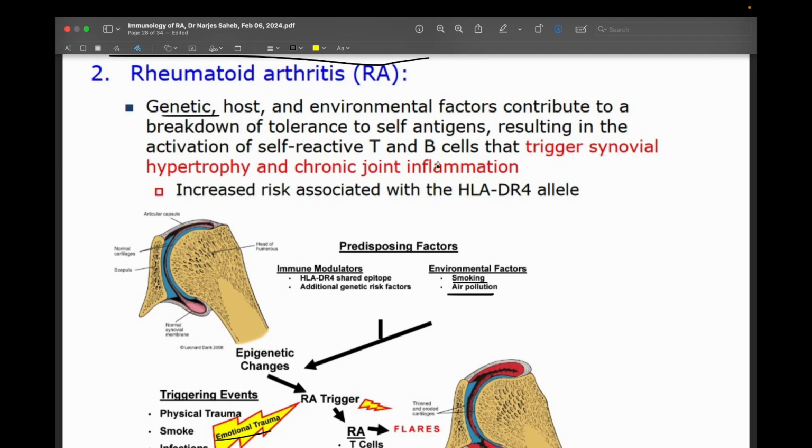So what will happen is activation of the self-reactive T and B cells, which trigger the synovial hypertrophy, swelling, chronic joint inflammation.